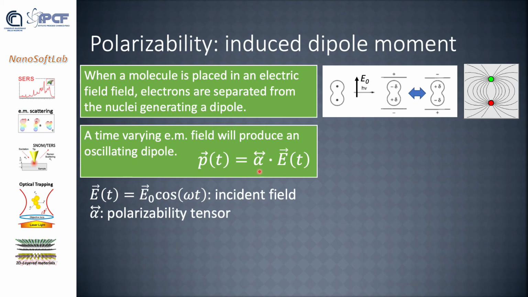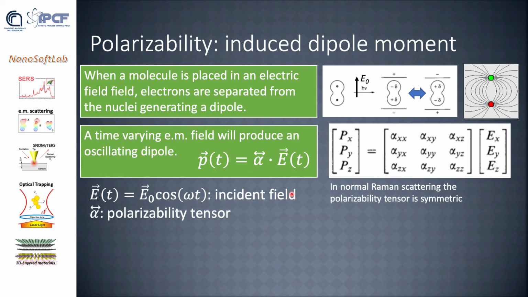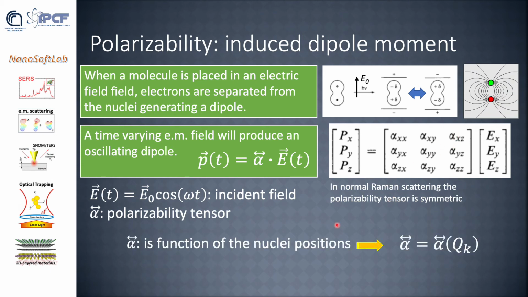Alpha is actually not a constant, but is a tensor. It means a rank 2 tensor. And this is due to the fact that not necessarily the dipole moment must have the same orientation as the electric field. In normal Raman scattering, the polarizability tensor is a symmetric tensor, so the off-diagonal terms are equal.